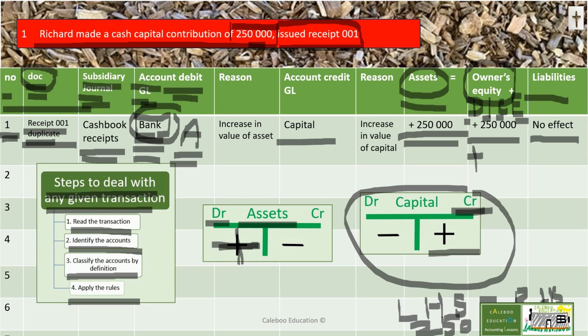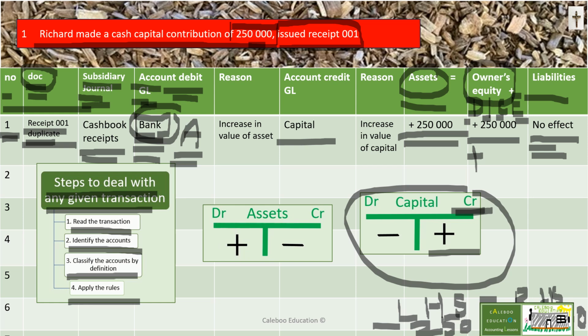Liabilities plus naught, because there was no effect. After every single transaction, the accounting equation will still balance. The left-hand side is equal to the right-hand side.